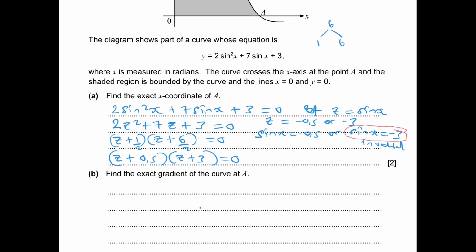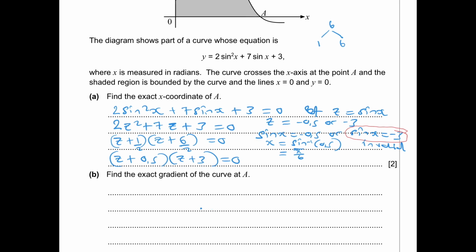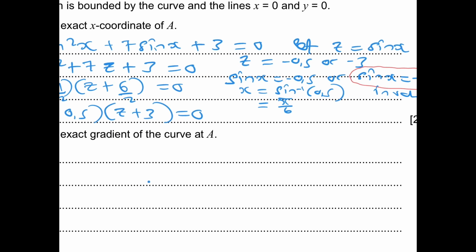Now remember, looking at the CAST diagram, sine x is only negative in the third and fourth quadrants. But the first thing is to get the basic angle. What is our basic angle? Inverse sine of 0.5 gives me pi over 6.